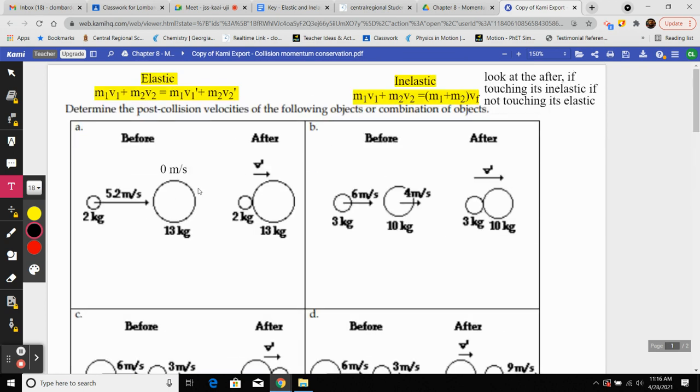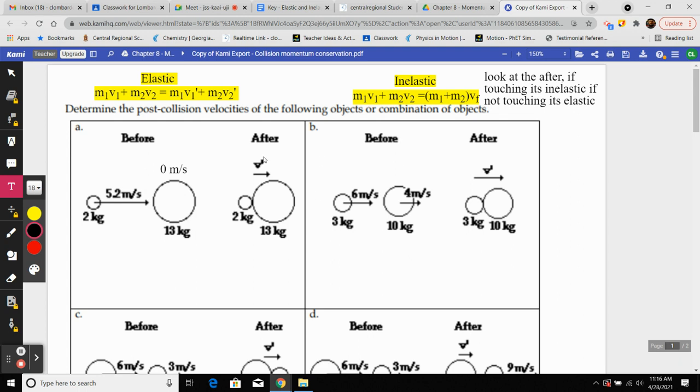Going up to the top, this isn't written there, so you're actually going to want to type this in, guys. This is at the very top of the worksheet. Before our collision, there's no number there, so we want to make that a 0. And then everything else is pretty straightforward.